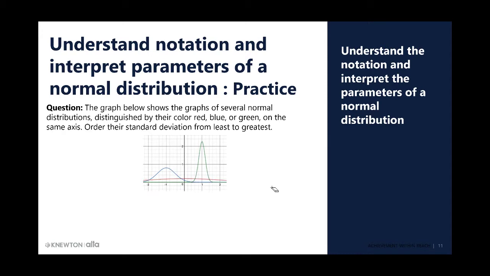All right, in this example, the graph below shows several normal distributions distinguished by their color. Order the standard deviations from least to greatest. So they want us to start off with the standard deviation that's the least between all three of these distributions. From what we discussed before, the green graph has the smallest standard deviation because it's the more tightly compacted one with the taller density.